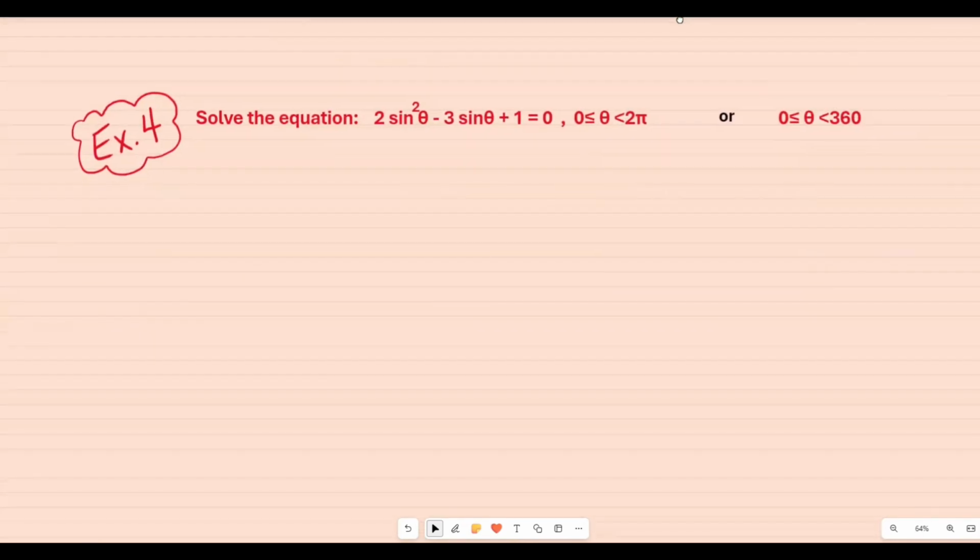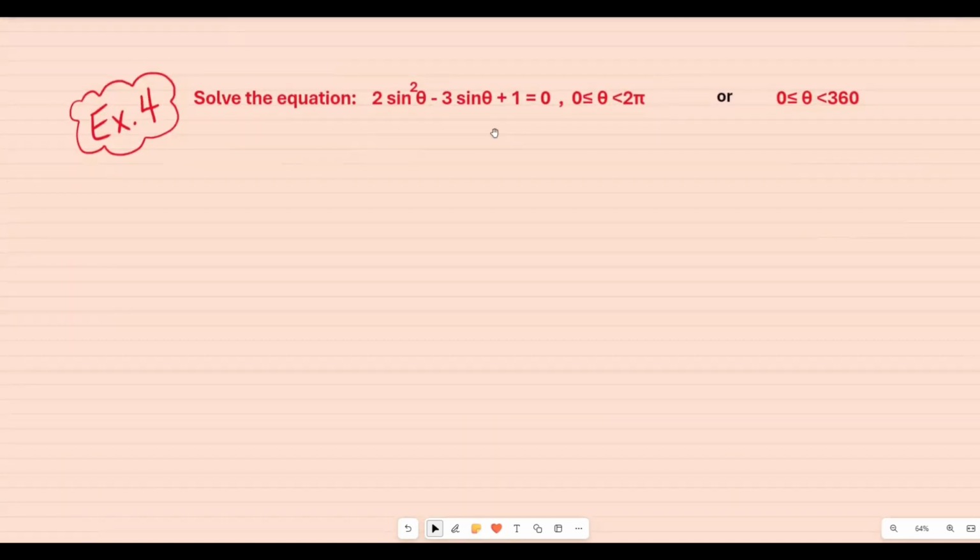The last example is example 4, where we're going to solve this equation. And you notice you have a square this time. So what I'm going to do is show you what you would do if you had an x. Instead of 2 sine squared, we're going to say 2x squared minus 3x plus 1 is equal to 0. And this one, I'm going to just do a guess and check to go quickly.